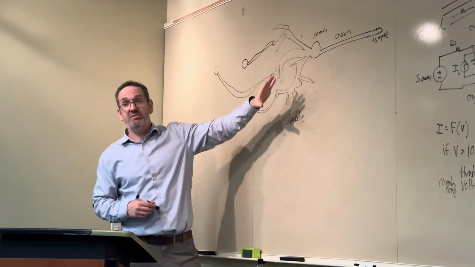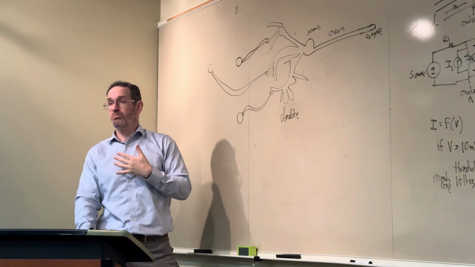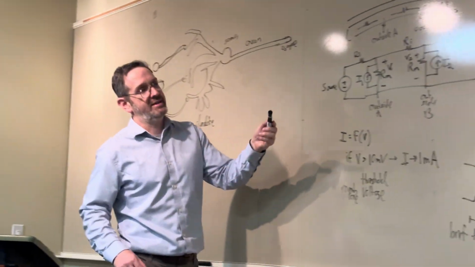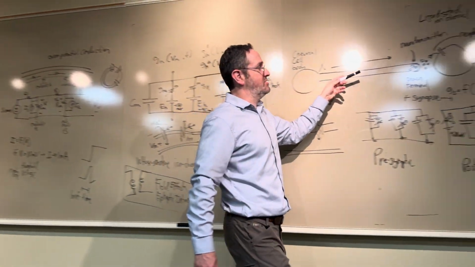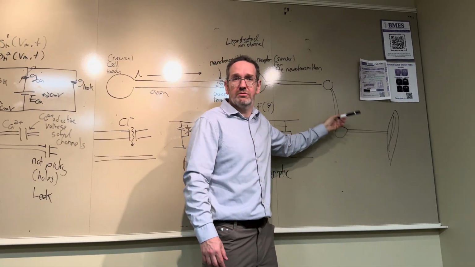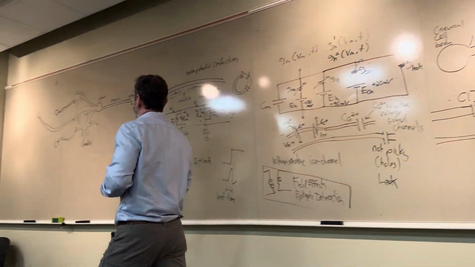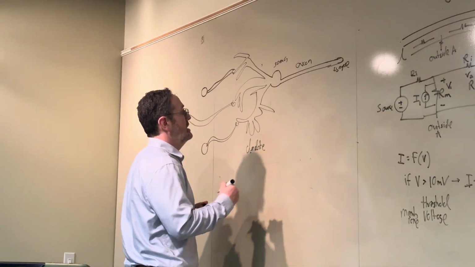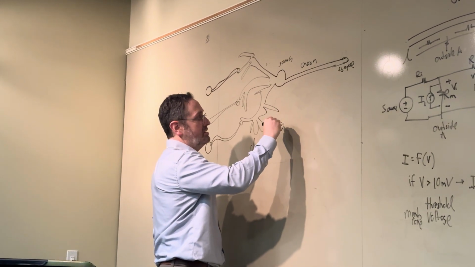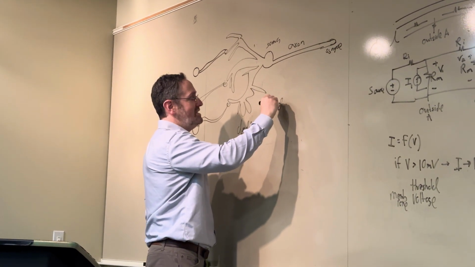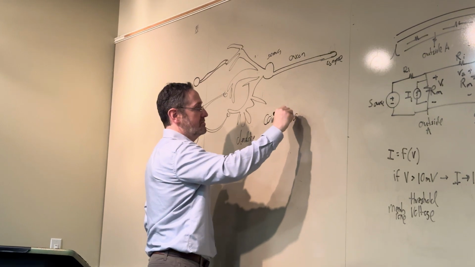Because now we have the ability to do some processing. There's no processing here. I mean, there's no information being gained or lost in this case. It's just being transmitted through. But now I can do something. For example, I can create what we'll call a coincidence detector.